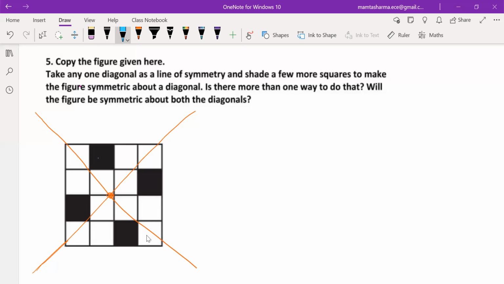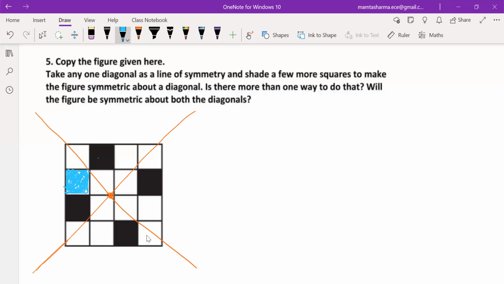since this is painted, okay, this is not painted. So if you paint this square also, they will look symmetrical. Am I correct or not? Yes, ma'am. So just paint the opposite side of the black painted square.